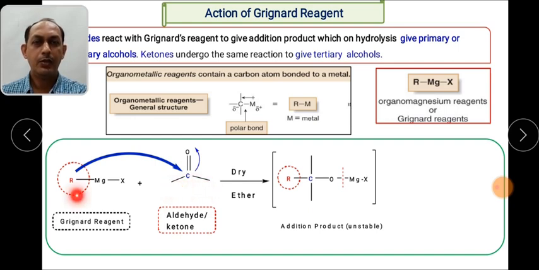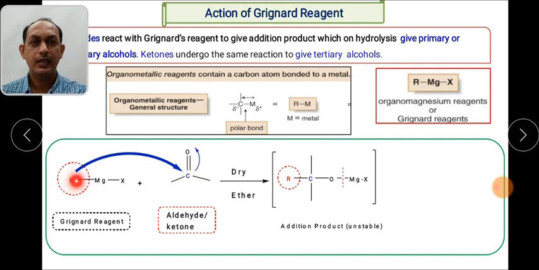As I already told you, Grignard reagents are RMgX, where the alkyl carbon carries a slight negative charge. This group may be either alkyl or aryl, but in that case the carbon definitely has some nucleophilic character.